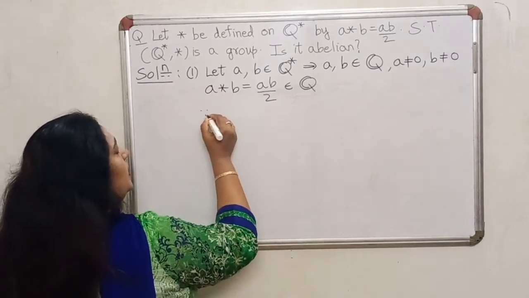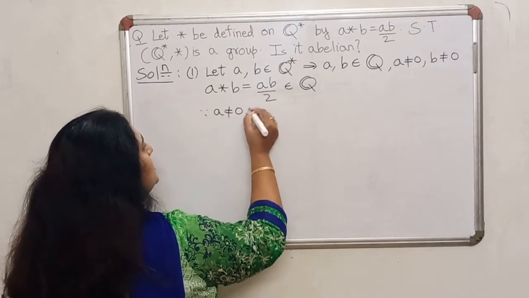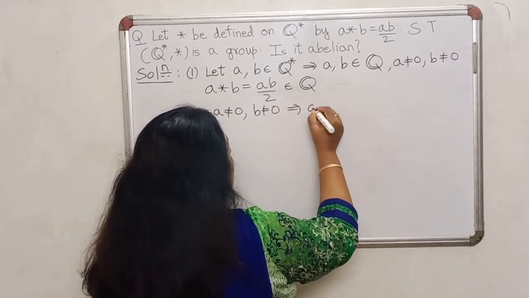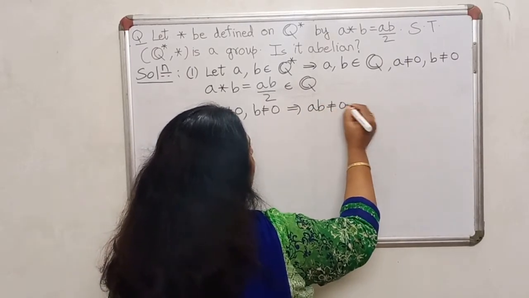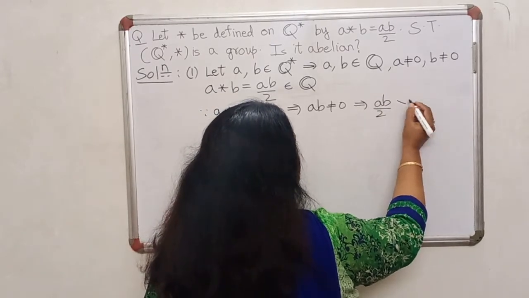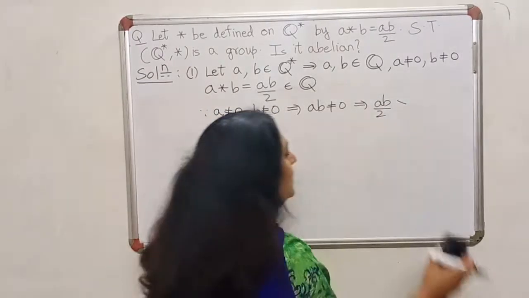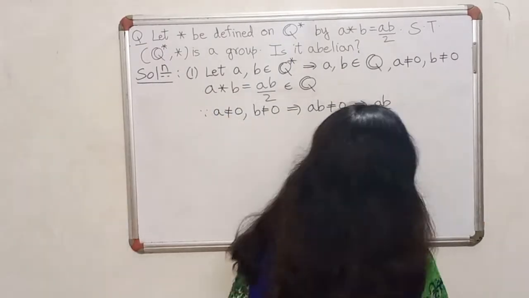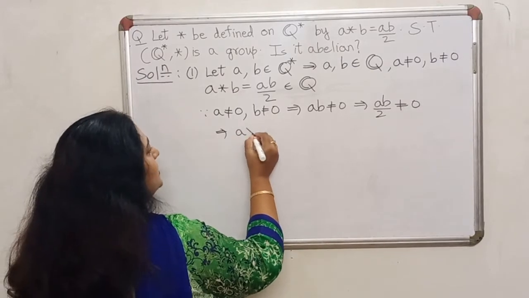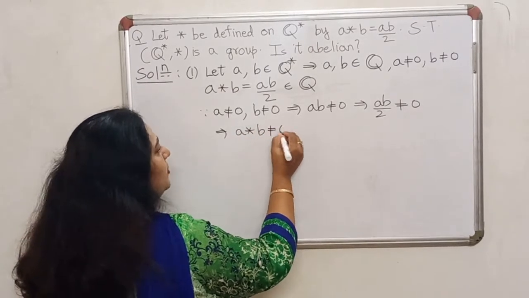Since A is not equal to 0, B is not equal to 0, these are our usual rational numbers. There is no way that A into B can be 0. And likewise, if I divide this by 2, there is no way it can be equal to 0. So AB upon 2 also cannot be equal to 0, and that means A star B cannot be equal to 0.